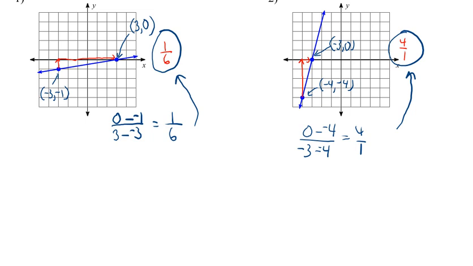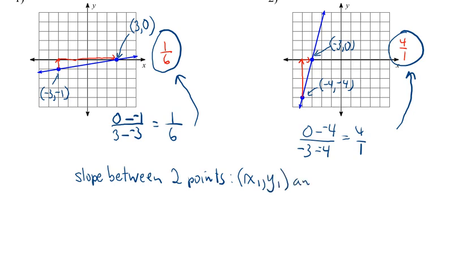The slope between 2 points (x1, y1) and (x2, y2) is y2 minus y1 over x2 minus x1.